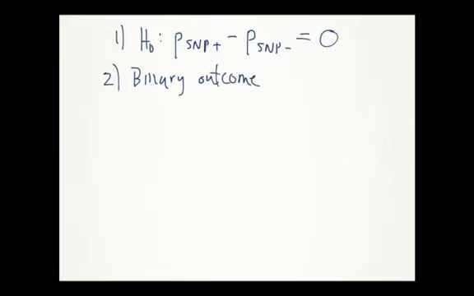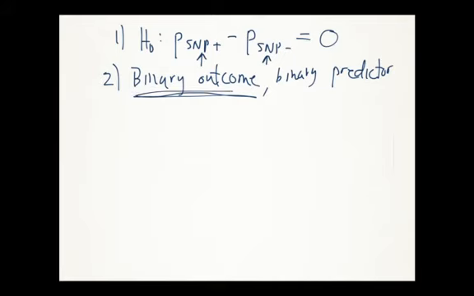In other words, did you progress or not? Yes, no, binary outcome, as well as a binary predictor or covariate or explanatory variable, which is, are you SNP negative or are you SNP positive? Okay, binary outcome, progression, yes, no. Binary predictor, SNP, yes, no.